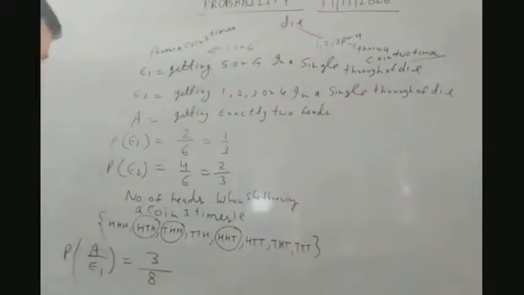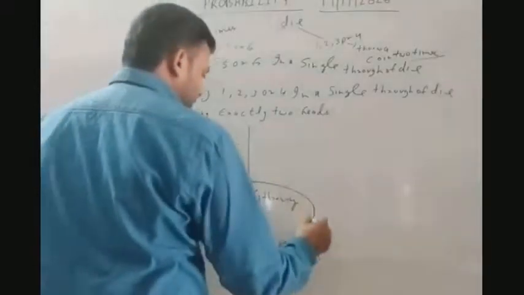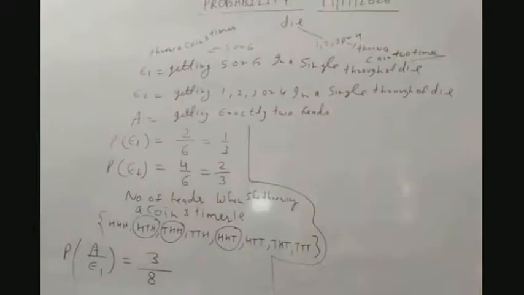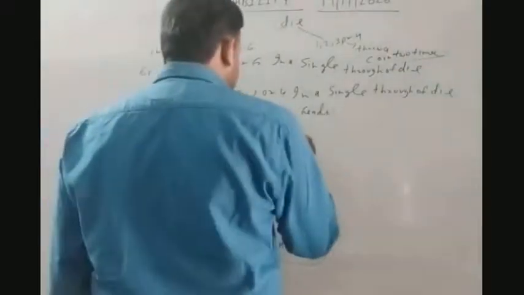Okay. Now we will find the probability of A by E2.